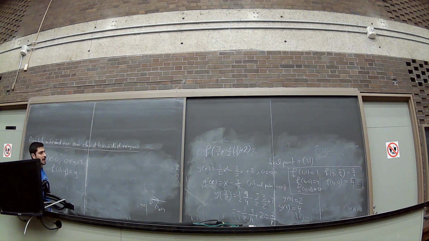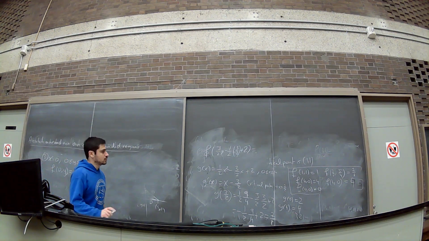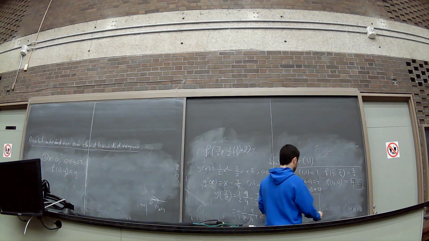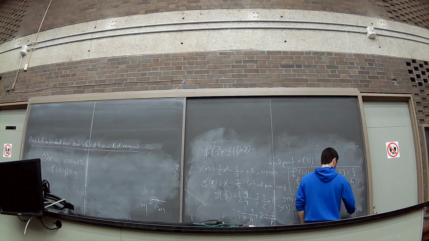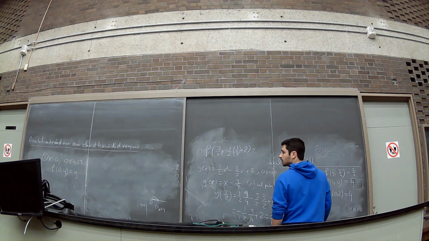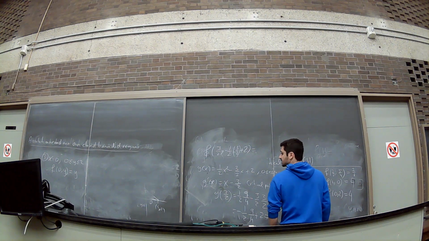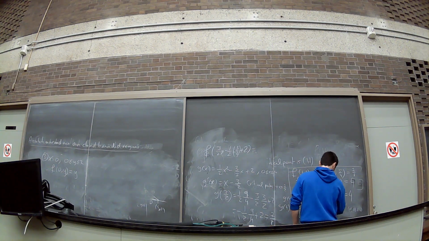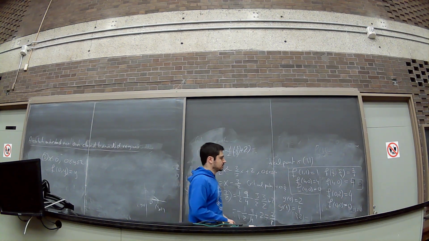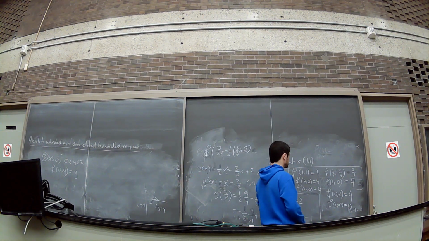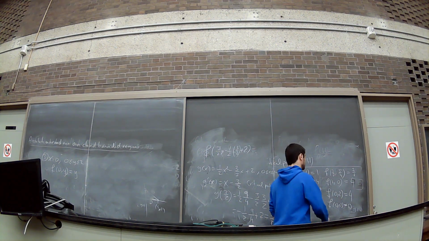Do I have F0, 2? No, I don't. So let me put it here. F0, 2 is equal to 4. And then where is the minimum? It's at 0. F0, 0 is equal to 0. Now, I have it already. So what is my absolute max? 4 is the absolute max.